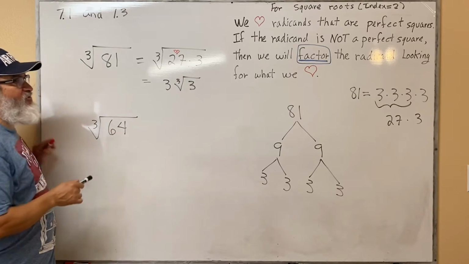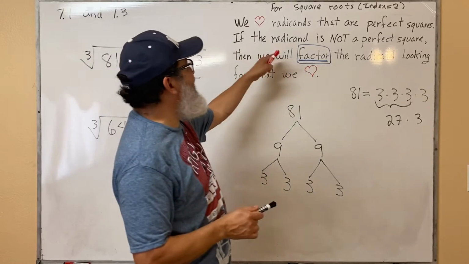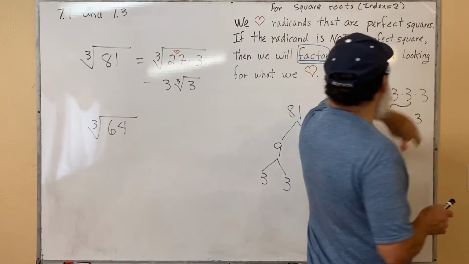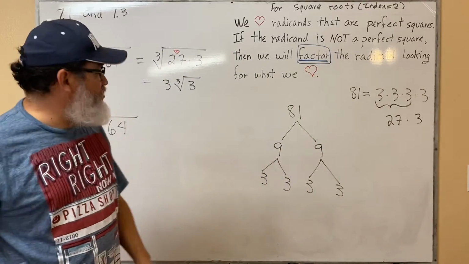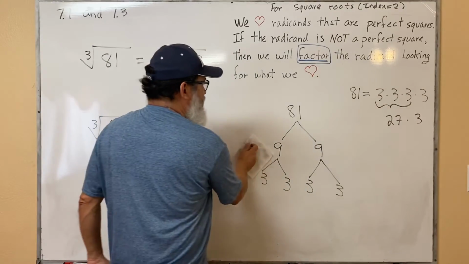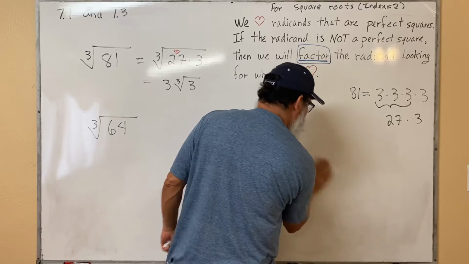Let's follow this. If the radicand is not a perfect cube, then we will factor. Okay, let's factor 64, looking for what we love.